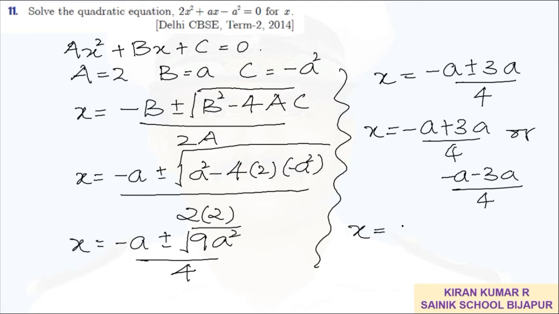On further simplification, this becomes 2a. 2a divided by 4a is nothing but a by 2, and this will be negative 4a by 4. We get it as minus a. So a by 2 and minus a, these are the roots.